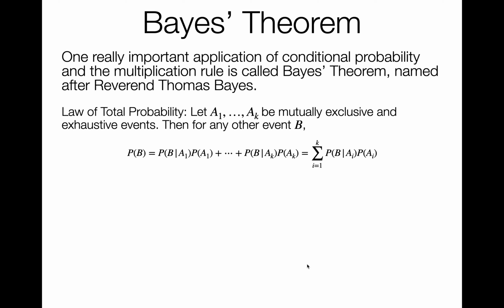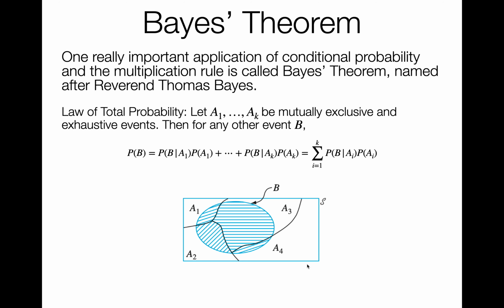Now, this probably doesn't make sense at all if you're just looking at the formula, but if we look at a picture of what's happening, it's going to make a lot more sense. Suppose that the rectangle is the sample space, and I have 4 events, A1 through A4. They are mutually exclusive, which means they don't overlap at all, and they're exhaustive, which means they cover the whole sample space.